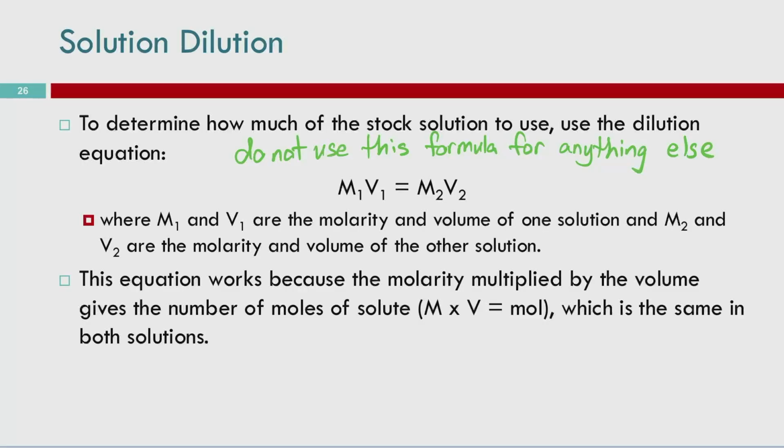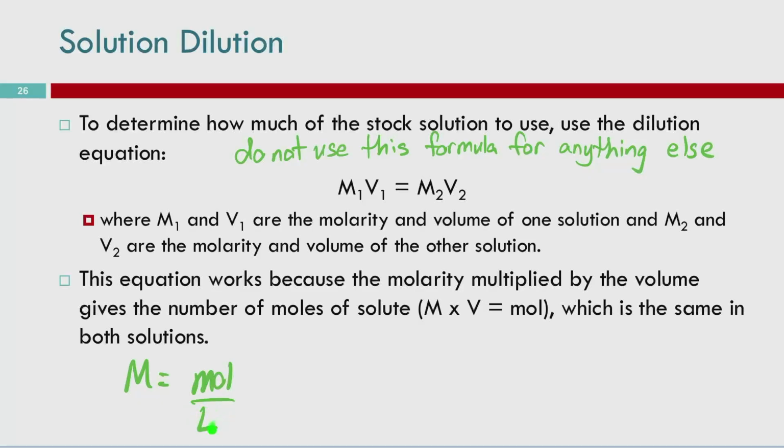Our formula looks kind of like Boyle's law, which was P1V1 equals P2V2. Solution dilution, M1V1 equals M2V2. The reason that this works: M is molarity, V is volume, and molarity, remember, is moles over liters, liters being a unit of volume.